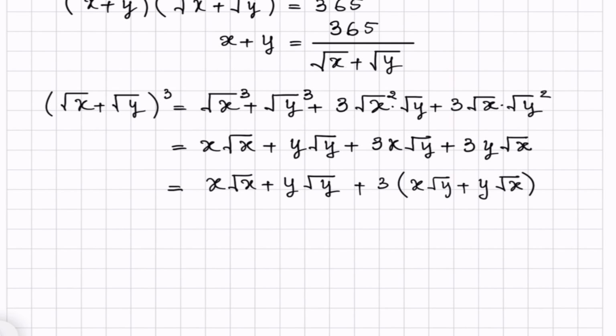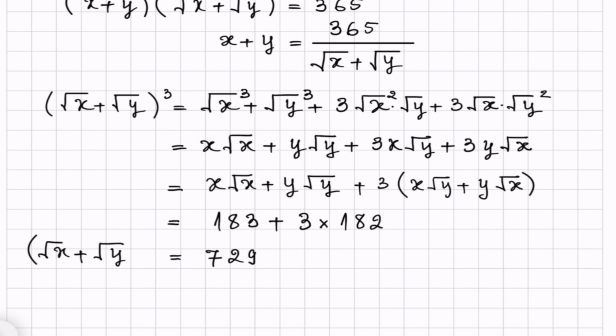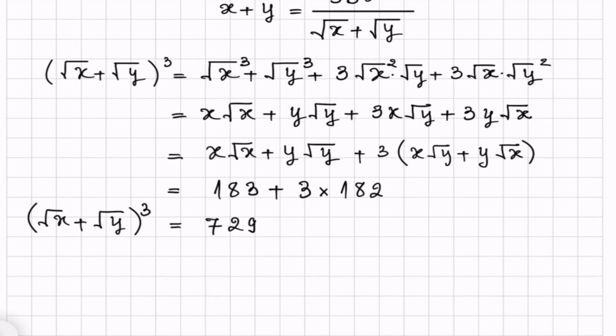So substitute into this equation, we will get 183 plus 3 times 182, and then it will be equal to 729. Okay, so square root of x plus square root of y raised to the cube equals 729.